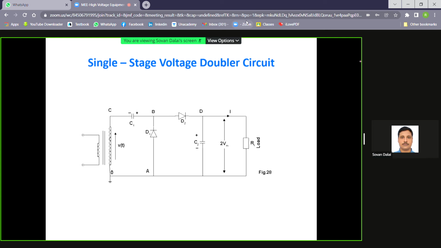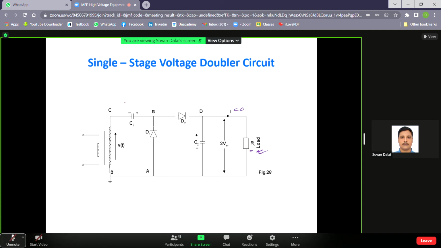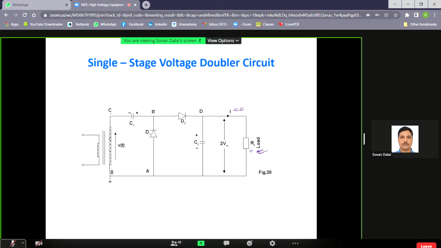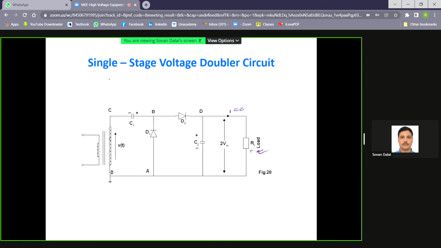First of all, consider the circuit in no load condition. No load condition means that load current is zero, or you can assume that RL is equal to infinity. Initially every capacitor is in an uncharged condition, so it is better to start the circuit analysis from the negative half.